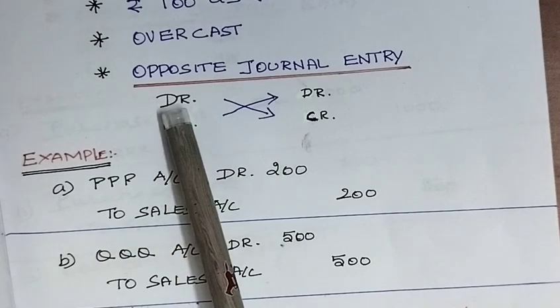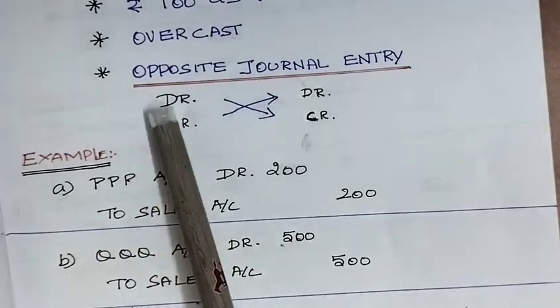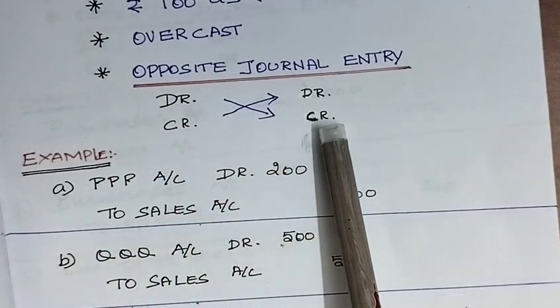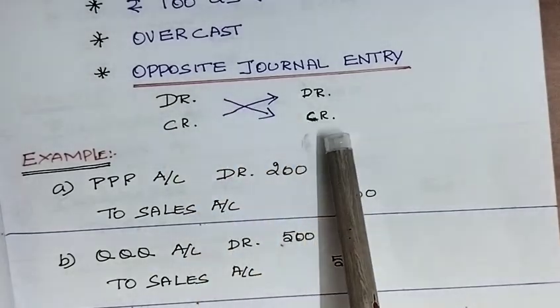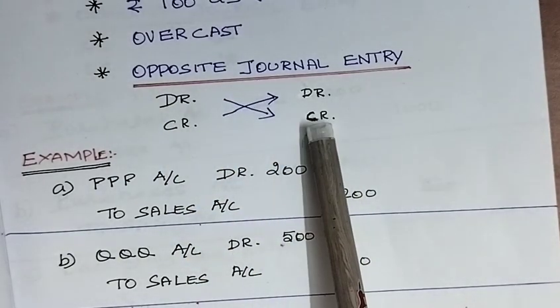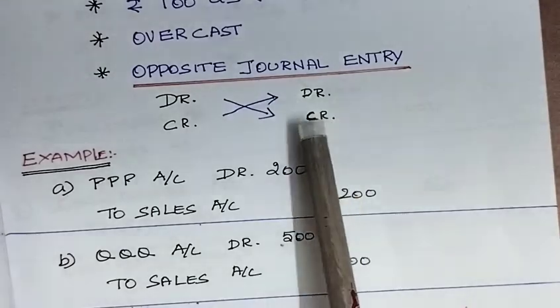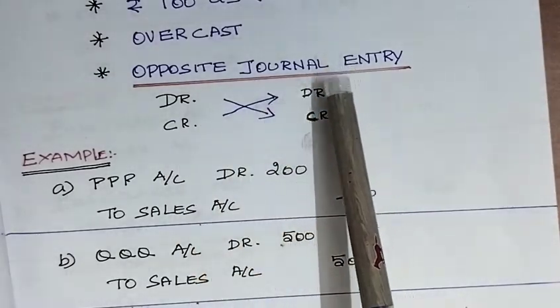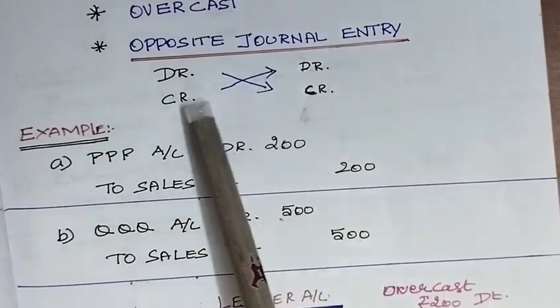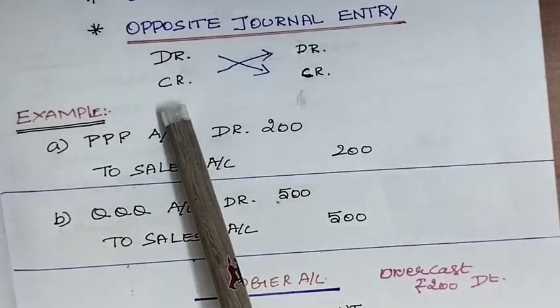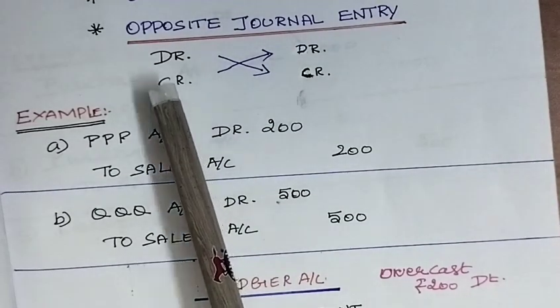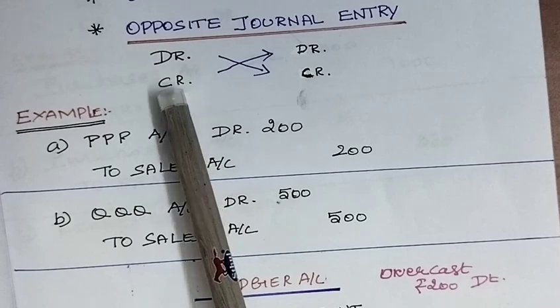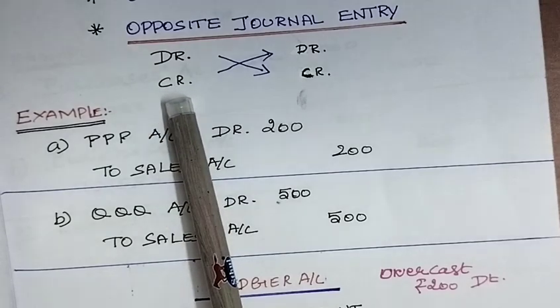Whenever the original entry shows data on the debit side, you have to create the credit account, the creditor side account. Then only you can rectify the given error.